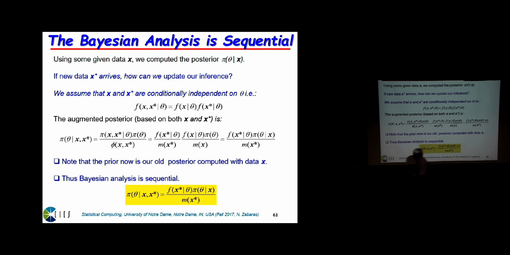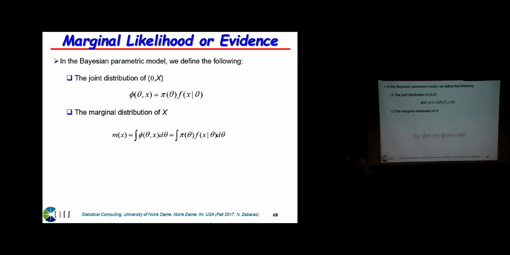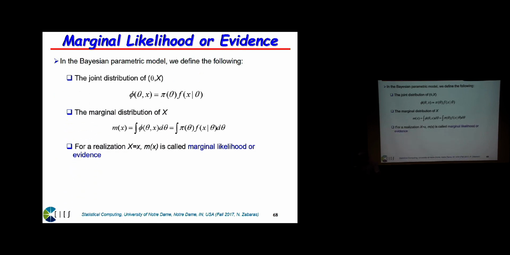One slide before I move to a more interesting topic. You remember we defined the posterior, we talked about point estimates of the posterior, we defined the predictive distribution, very important. We said nothing about the marginalization on the bottom of Bayes' rule.